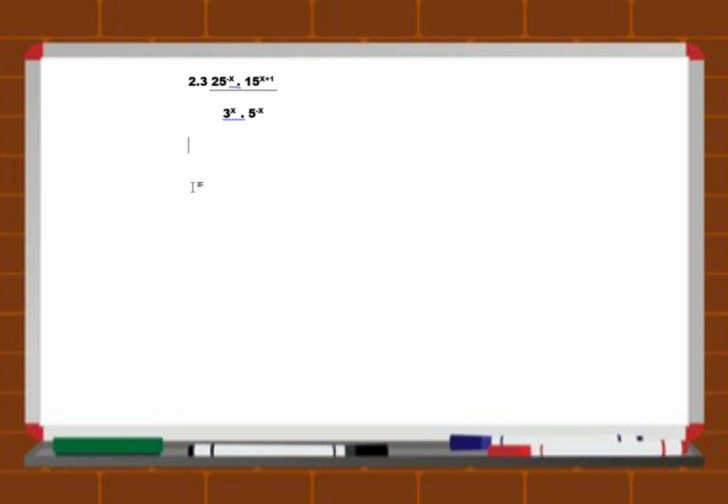You're going to say, what are the factors of 25? It's 5 and 5. So it's 5 squared, right? So you're going to say 5 squared to the power negative x by, what are the factors of 15?